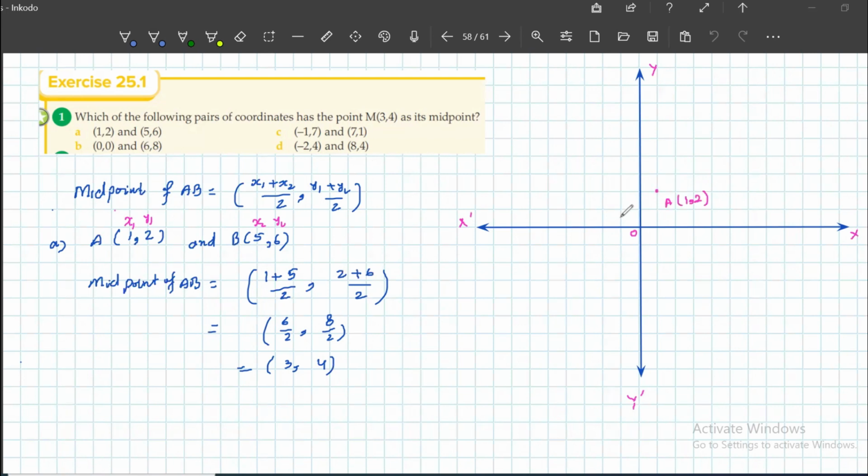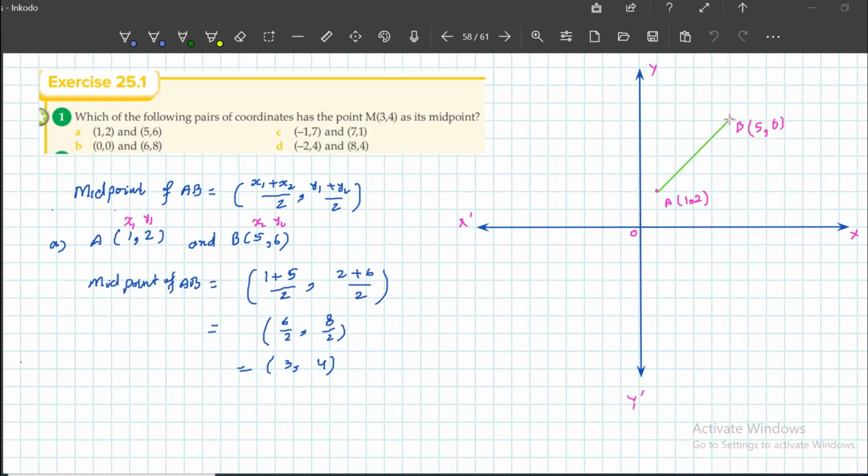Next we have the ordered pair 5 comma 6: 5 units right, 1 2 3 4 5, and 6 units up, 1 2 3 4 5 6. So this is the point B. After this we can connect these two with the help of a scale. So that is our line segment.